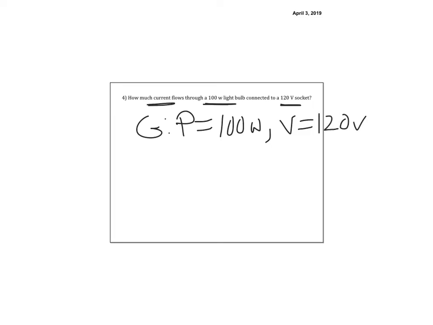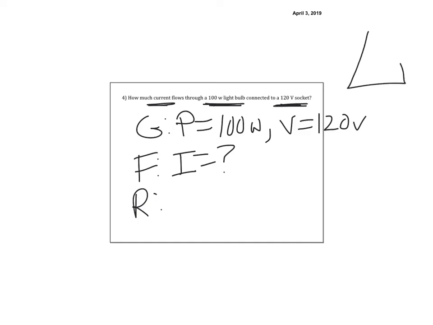How much current flows through a 100-watt light bulb connected to a 120 volt socket? Watts, that's a new one. Remember, watts is power, so P equals 100 watts. There's my voltage again, V equals 120 volts. I'm trying to find current, I, so I need an equation for I. We can make another triangle.